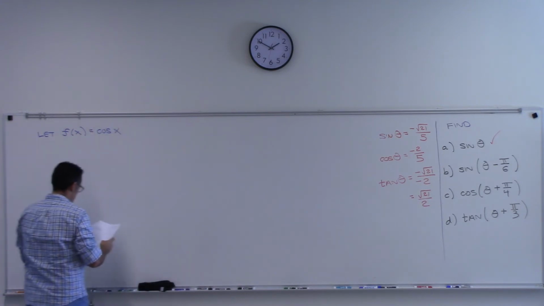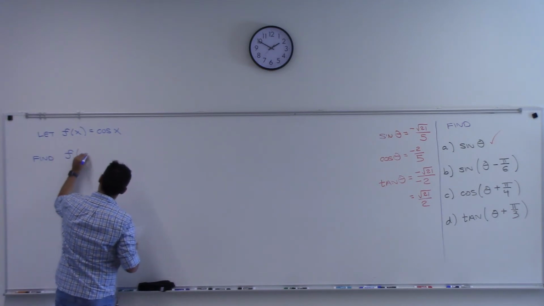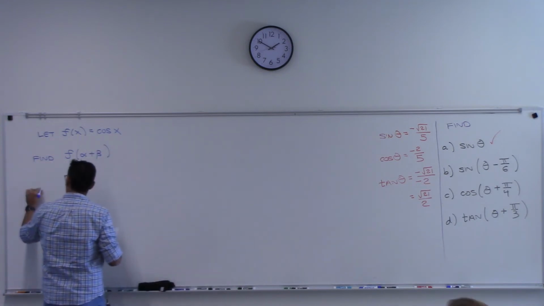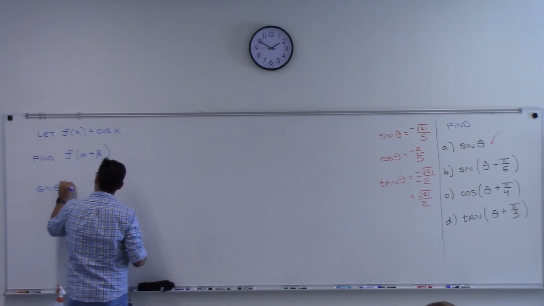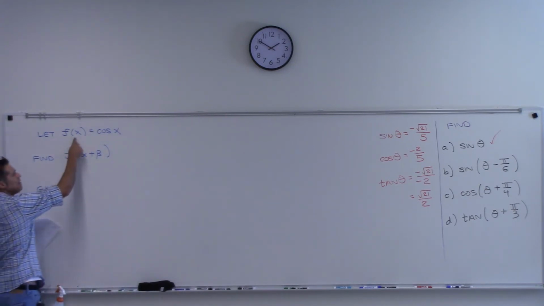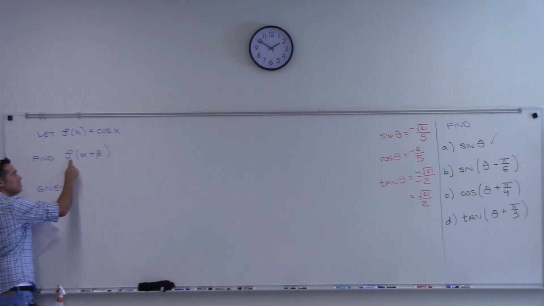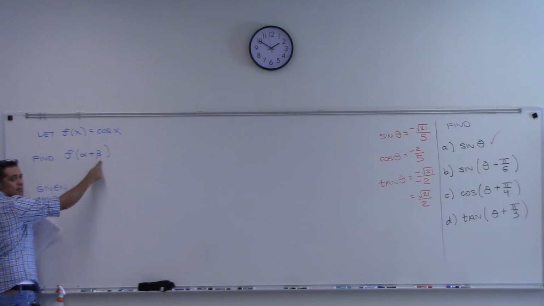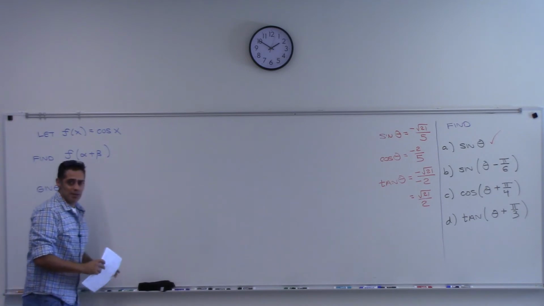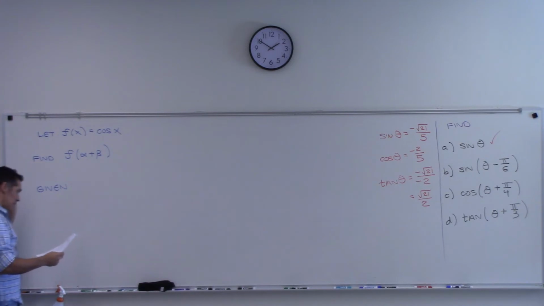Find f of alpha plus beta given the following. Right, this is weird. I know it looks strange, but I have a function, the cosine function. What I'd like you to do is plug into that function alpha plus beta. So instead of plugging x into this, I want you to plug in alpha plus beta, and tell me what the answer is.